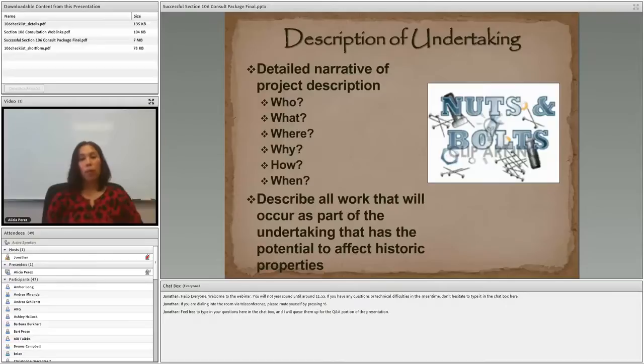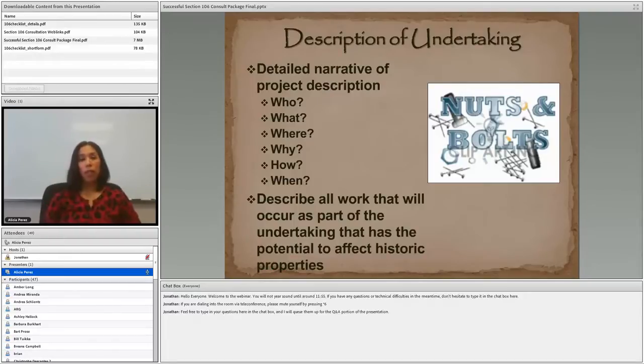What is happening? What exactly is the undertaking? Is it road widening? Is it urban development? Again, where is it located? You might want to include the legal designation, so the quad that it's located on, or street address. Why is it occurring? How is it occurring? So is it a permit?